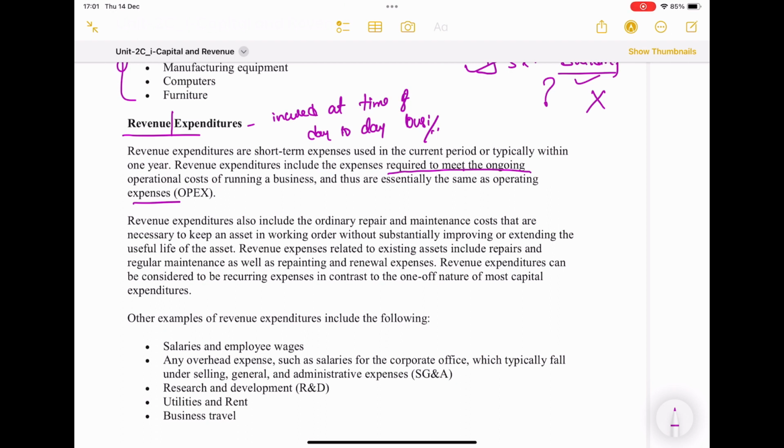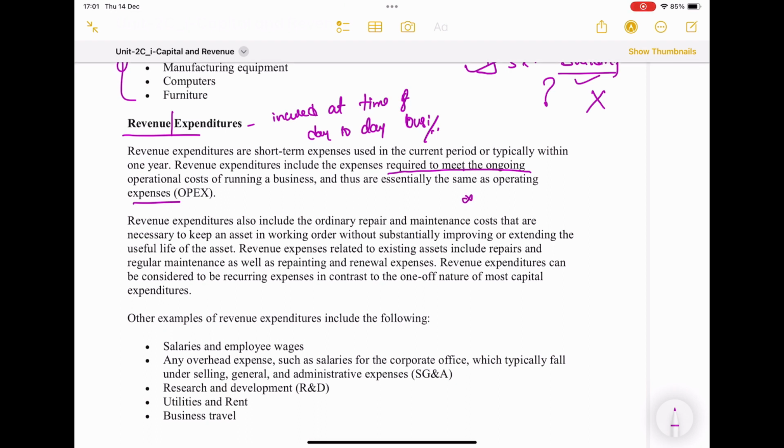If you're getting my point, if you are not paying salary to your employees, they won't work efficiently, isn't it? If you are not paying the contract amount to your supplier, definitely he will not send the raw materials that you require, isn't it? So revenue expenditures are those expenses which are required to run a daily business.